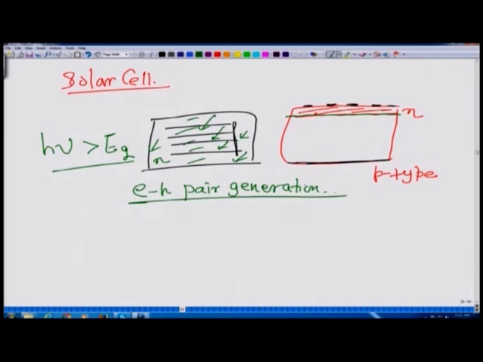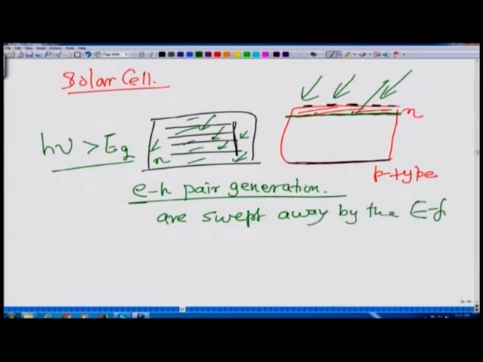Light should reach this depletion region, the PN junction here, so that these electron hole pairs which are generated are swept away by the electric field. Which electric field? The field which is there across the junction, in the depletion region.